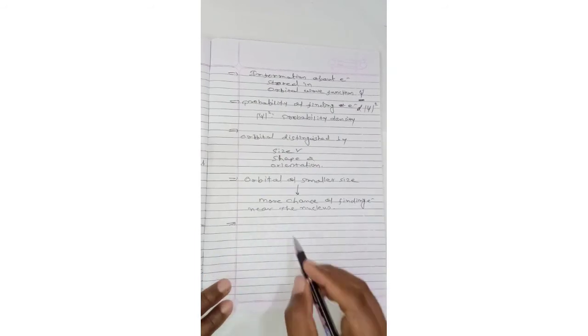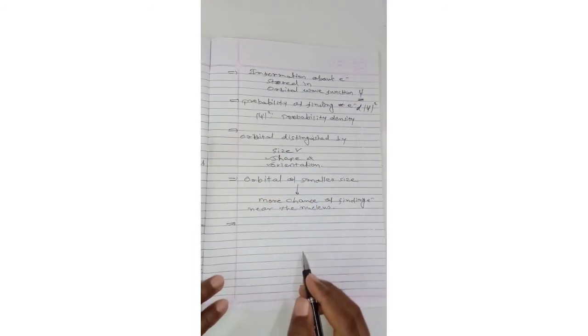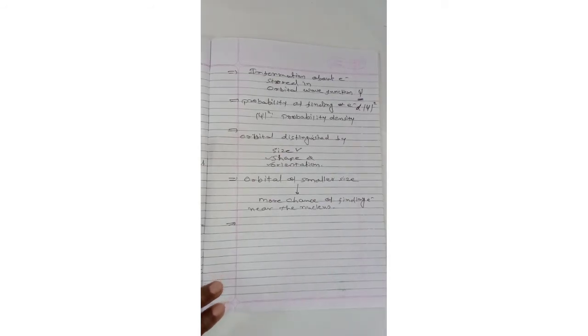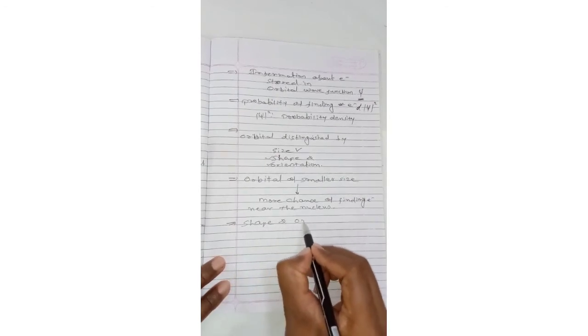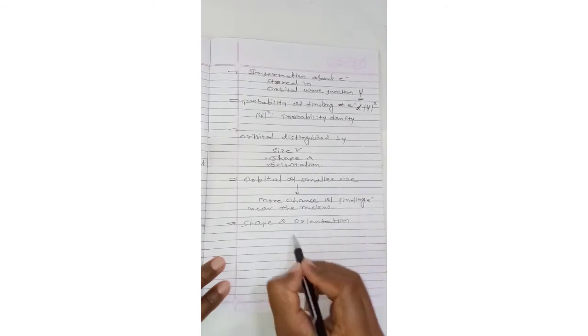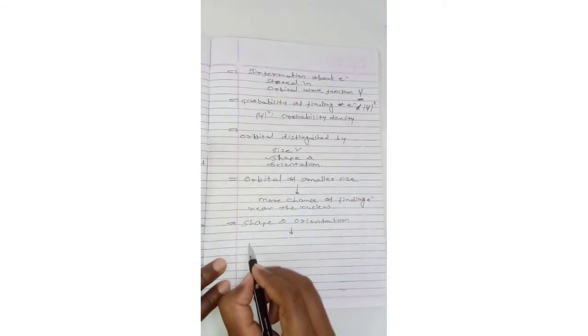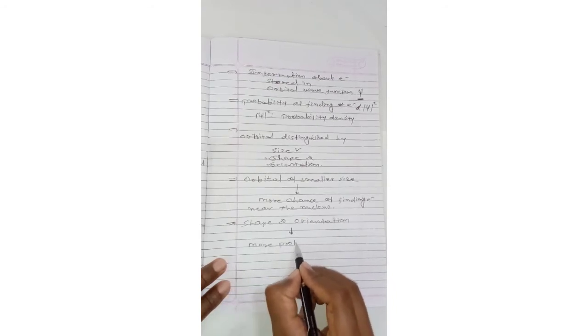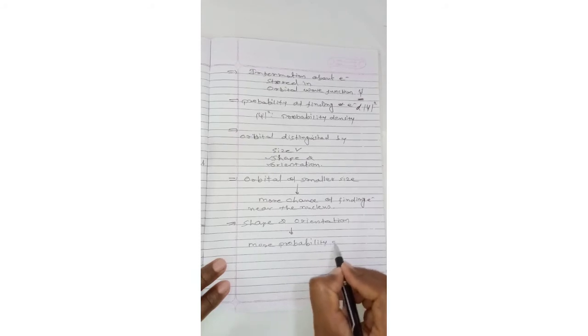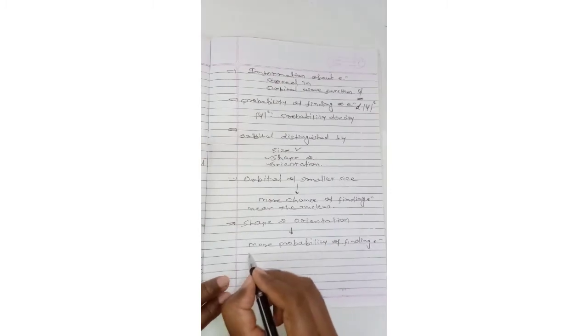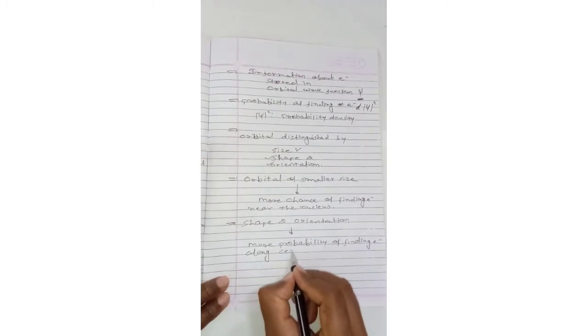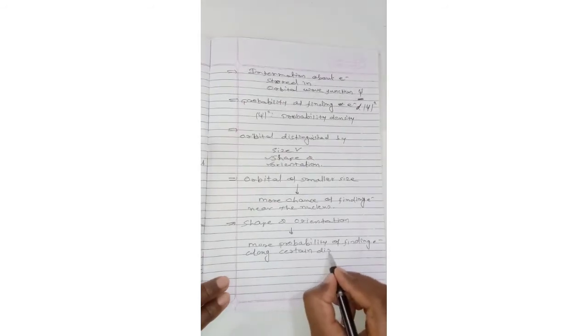And number two, shape and orientation mean there is more probability of finding an electron along certain directions.